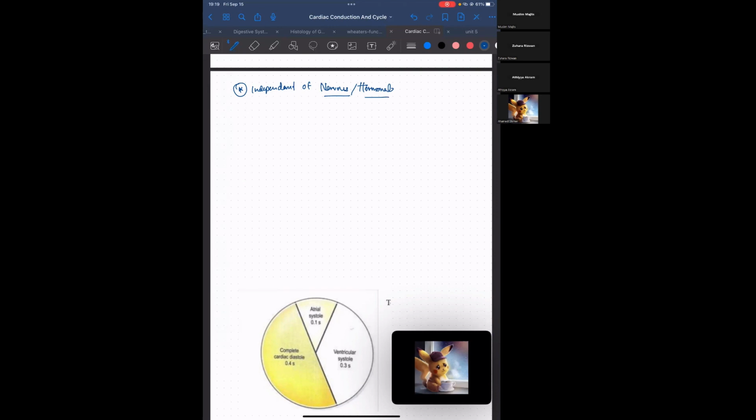However, the rhythm of the heart, or the action of the heart, can be controlled by the autonomic nervous system, that is sympathetic and parasympathetic.